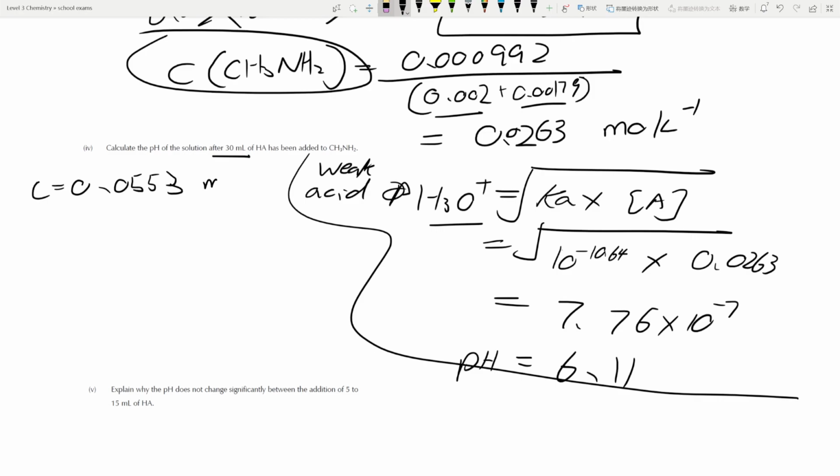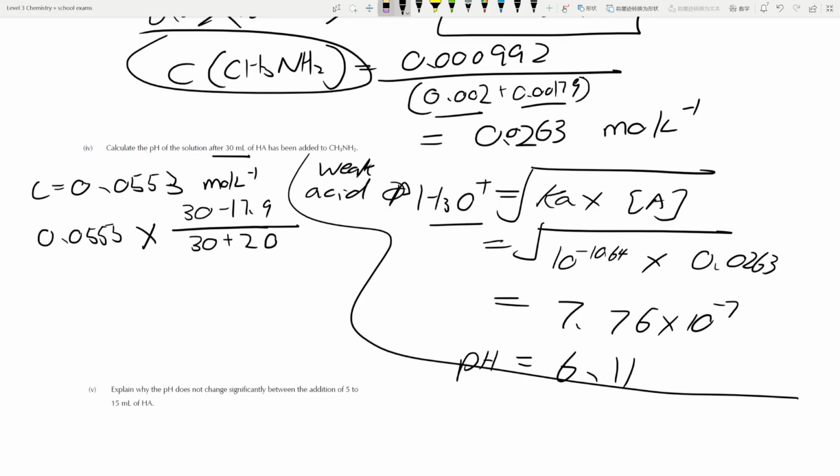You can scroll back up and find this particular equation. Now it has been diluted, so it's going to be 0.0553 multiplied by the volume beyond equivalence point, which is 30 minus 17.9, and then the total volume, which is 30 plus 20.